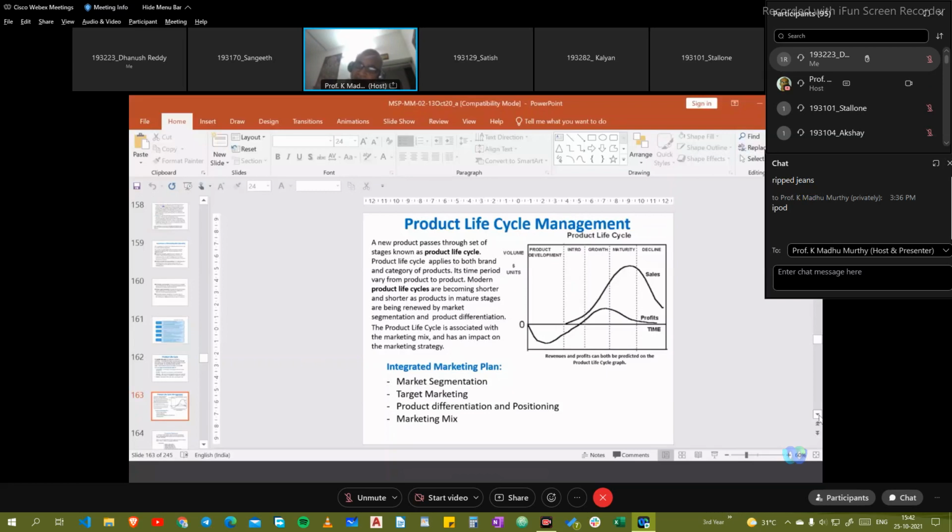This is a phase where we are trying to come up with new product development, developing our own services and new products as such.